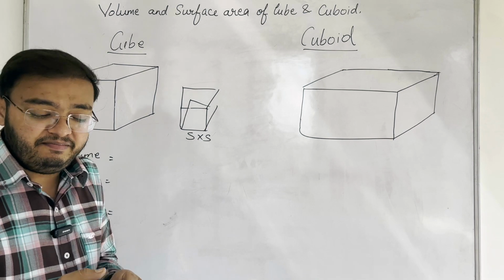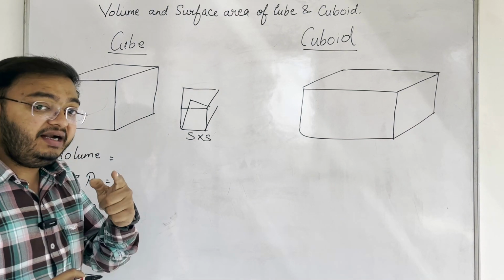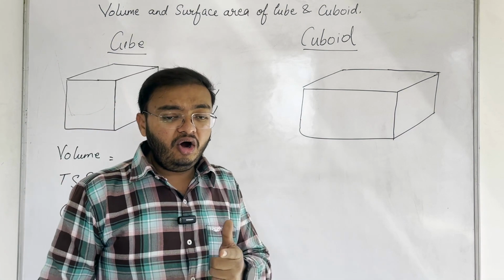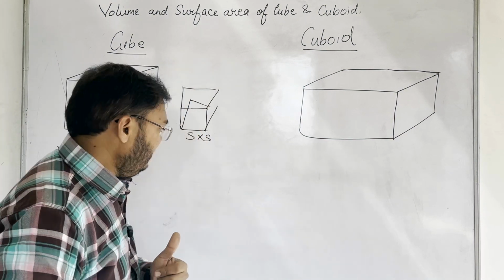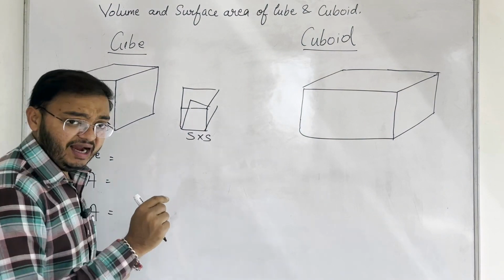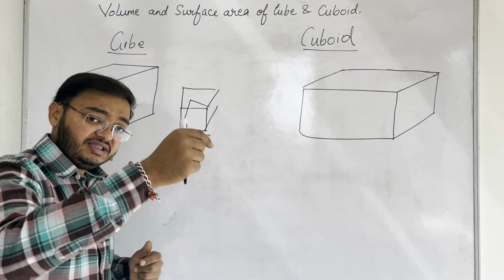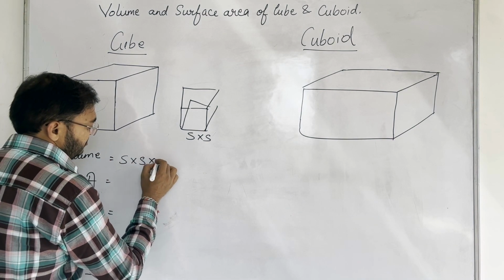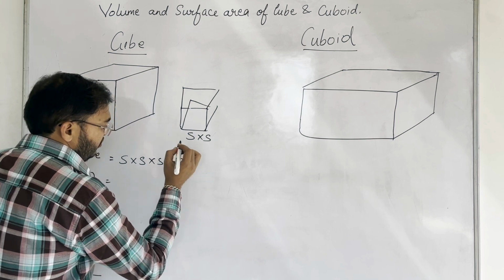We get a cube. In a square all the sides are the same, and in a cube all the dimensions are the same. That means if length and breadth are side into side and height is also the same side, then the volume is side into side into side, which equals side cube.